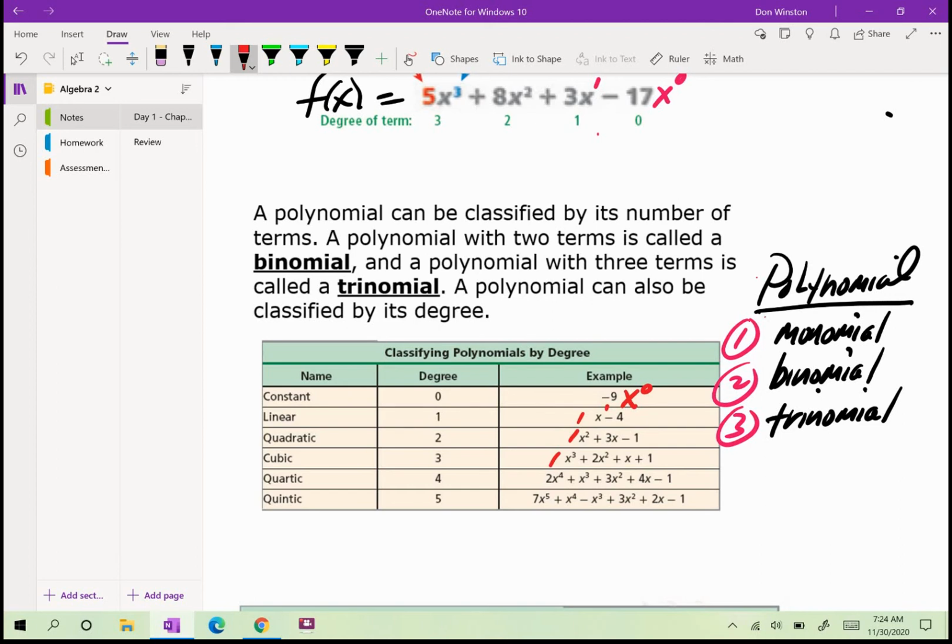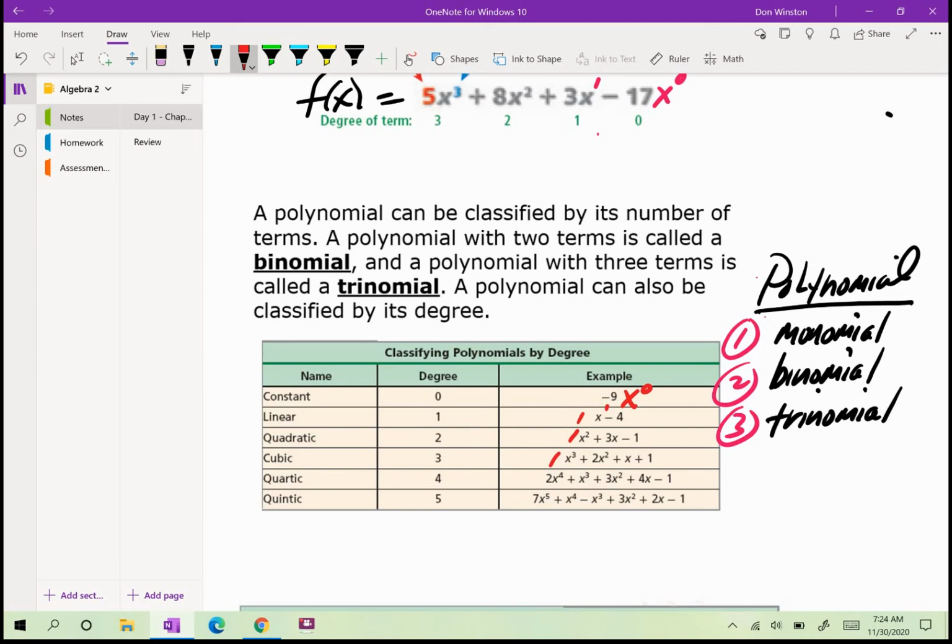And we can give each of these a name. So negative 9, that would just be constant. And then we have a linear, x minus 4. We have a quadratic, cubic, x cubed, and quartic, meaning 4, and quintic, meaning 5. Okay, so the quadratic x squared plus 3x minus 1, I could say is a quadratic trinomial. 3 terms, quadratic.